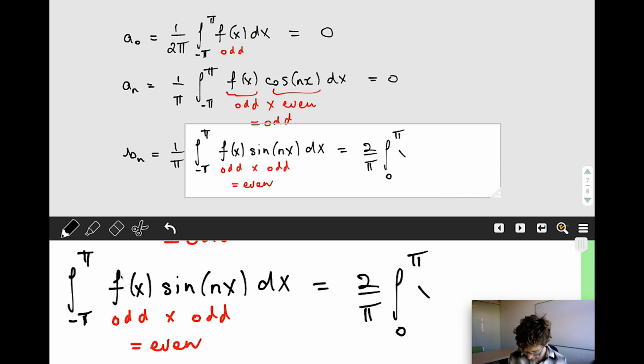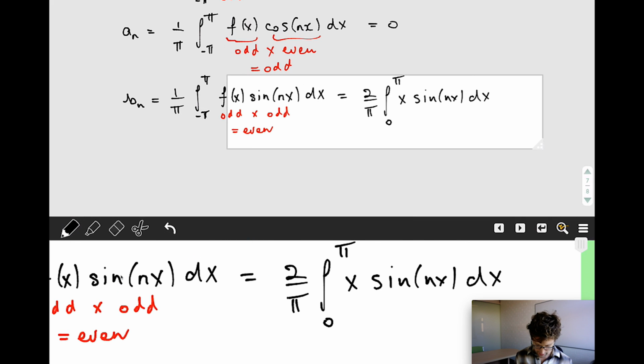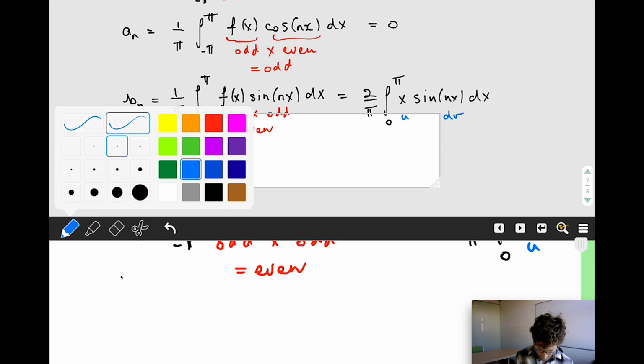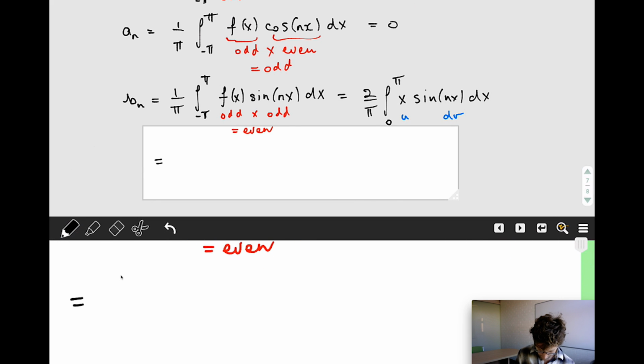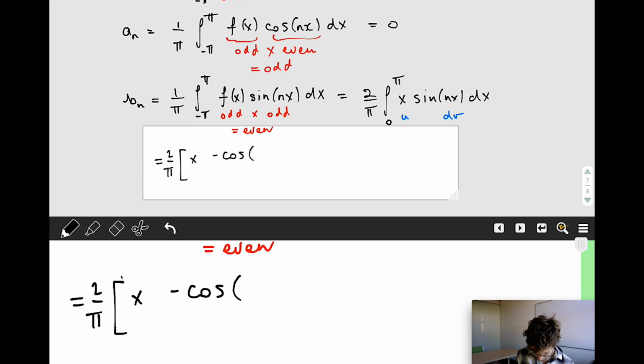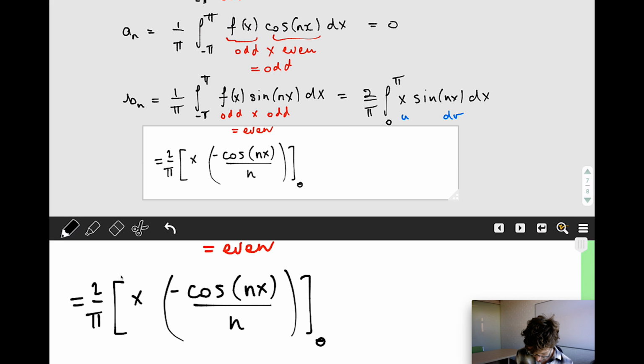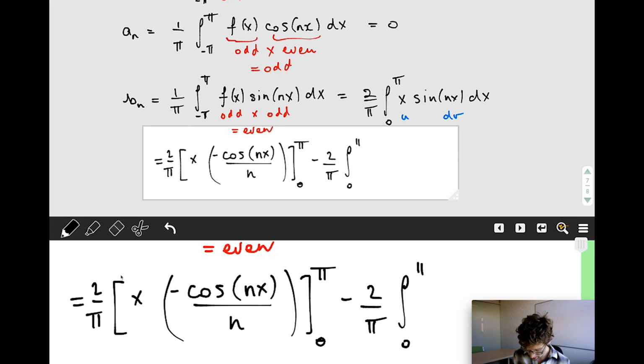Let's put in our formula for f of x. It was equal to x. And we're going to use integration by parts to evaluate this. So writing this as u dv, I'm going to get 2 over pi, u times v from 0 to pi, minus 2 over pi integral from 0 to pi of v times du.